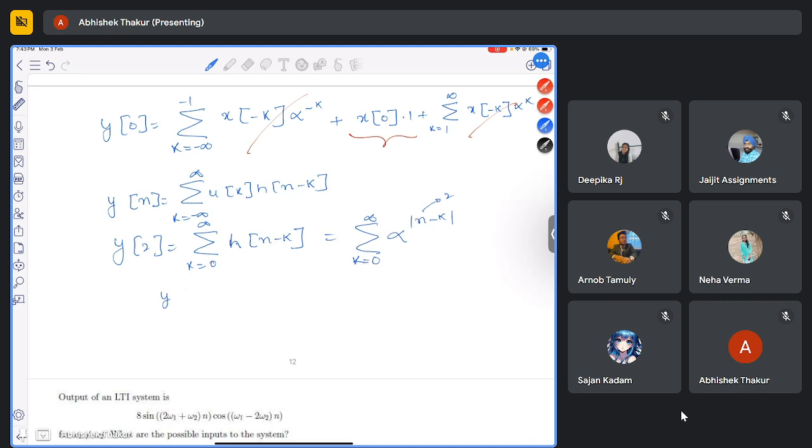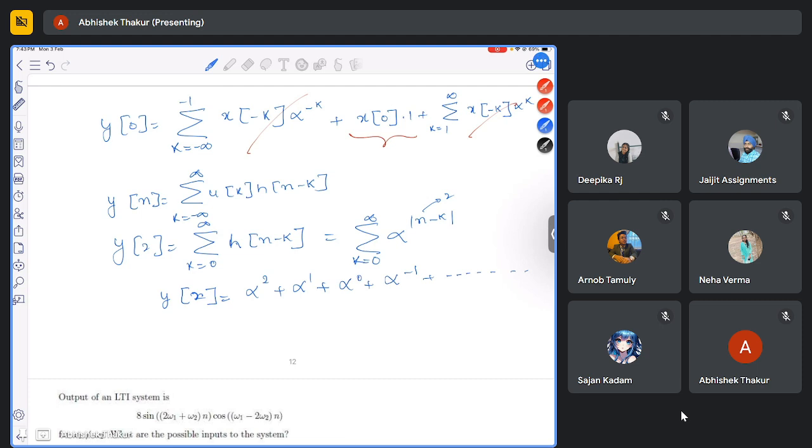So y of 2 is equal to, for k equal to 0, what will be the value? Alpha to the power of 2. For k equal to 1, it will be alpha to the power of 1. If k is equal to 2, it will be alpha to the power of 0, plus k equal to 3, alpha to the power of minus 1, plus so on. So this will be the answer.